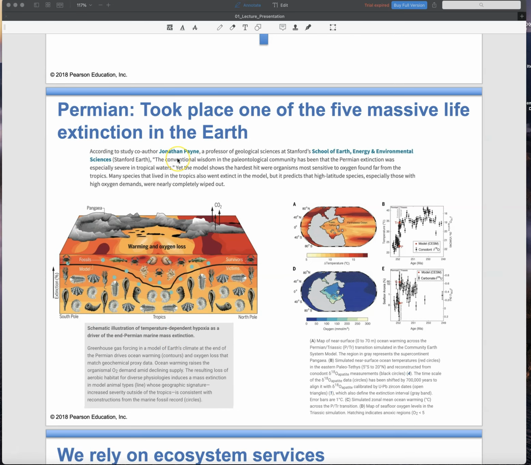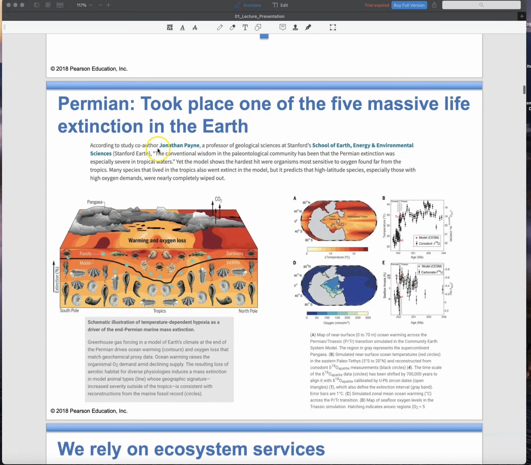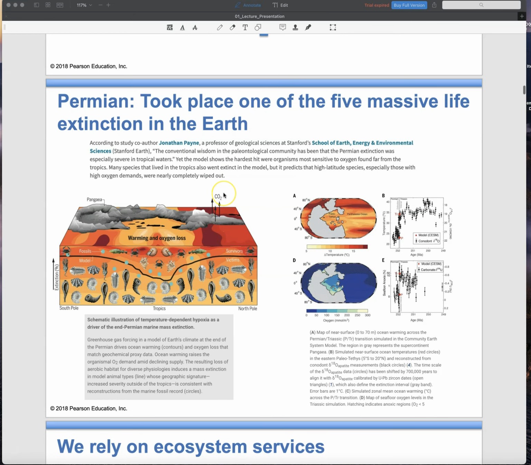Actually this research is coming from the environmental school at Stanford University, and was done by Dr. Jonathan Payne, who claimed that there was a great volcanic activity that expelled a lot of CO2 to the atmosphere at that time.